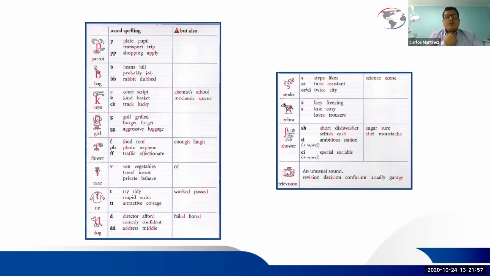Because imagine I make vibration, it's going to be "freezing." And now the letter S can also have this vibration, like in lose, cozy, loves. I don't say "loves," no, "loves." Okay, vibration in the throat.